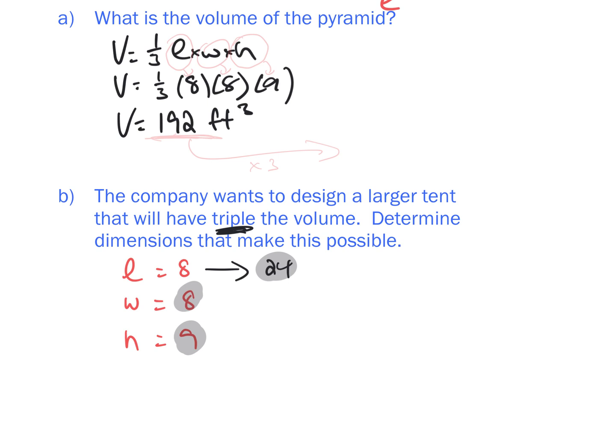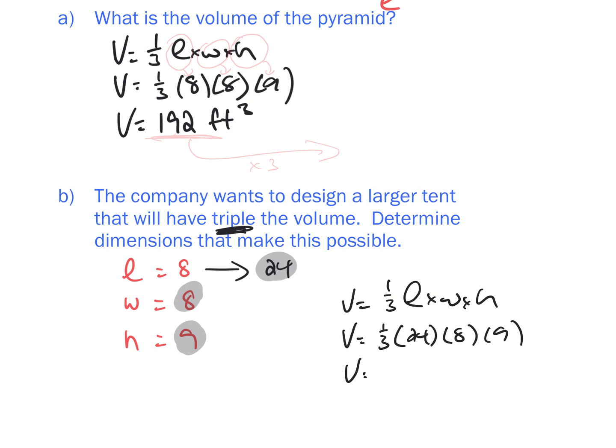So, volume is 1/3 length times width times height. 1/3 of 24 times 8 times 9.